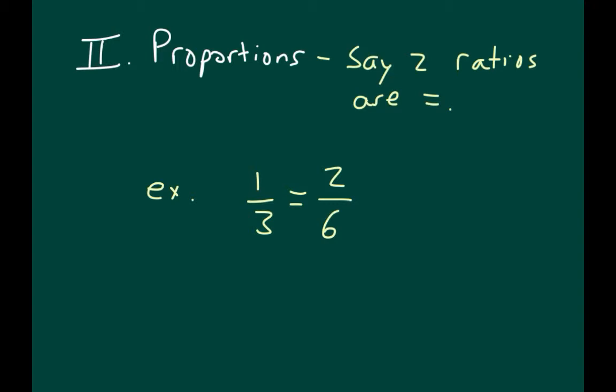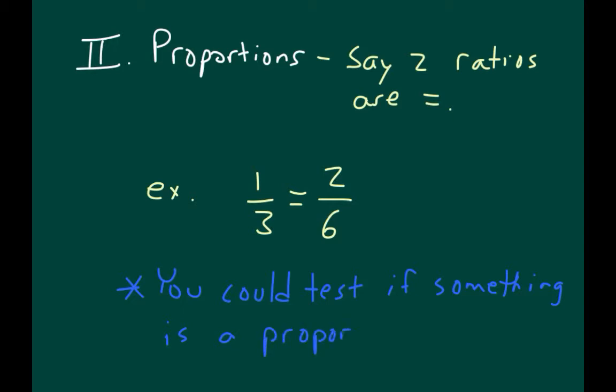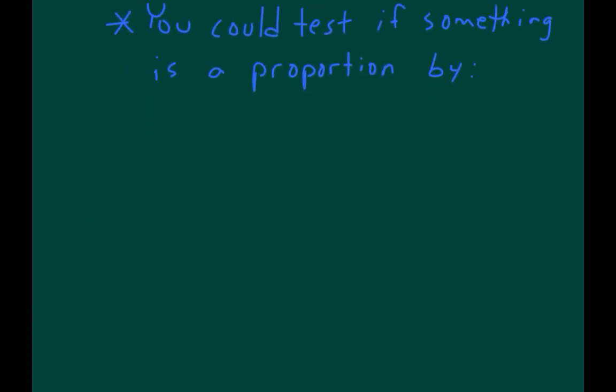So I'm going to switch colors and say you could check, or you could test if something is a proportion by, I'm going to do a little colon. I think we get 2 of them in today's notes, but then we'll get more later on.